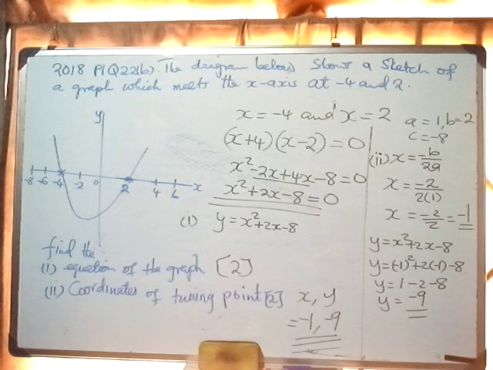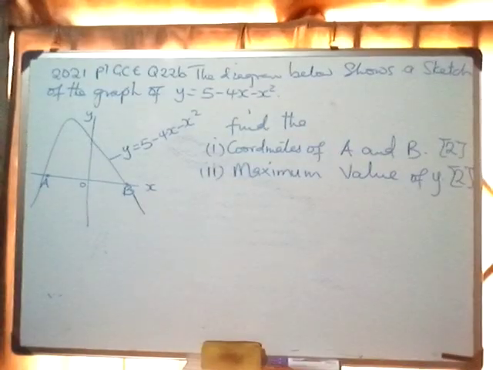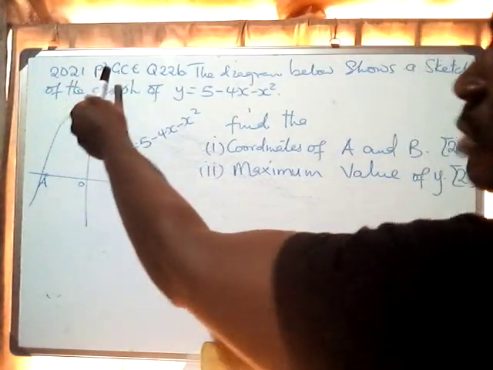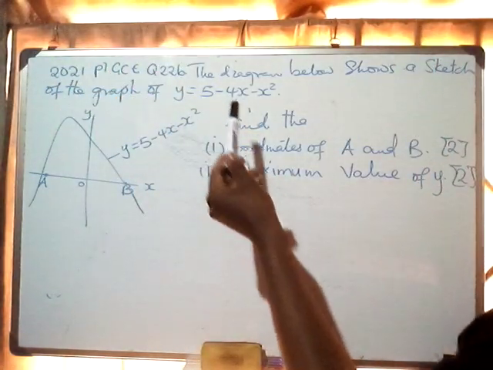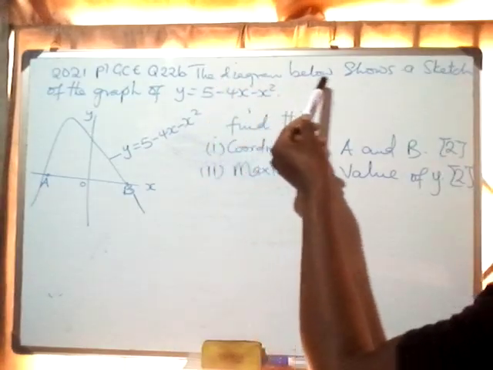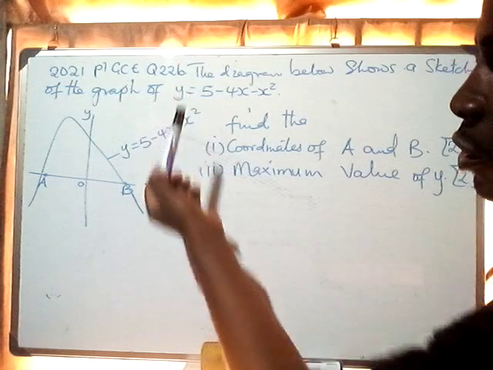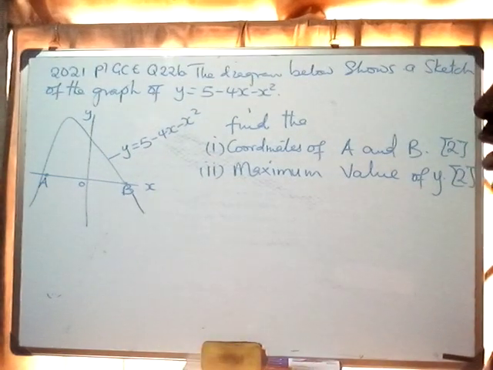Let me give you the homework. So we have this question. The question is coming from 2021 paper 1 GCE question number 22b. The question is, the diagram below shows a sketch of a graph of y is equal to 5 minus 4x minus x squared.